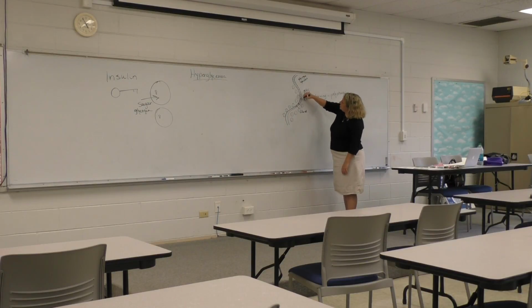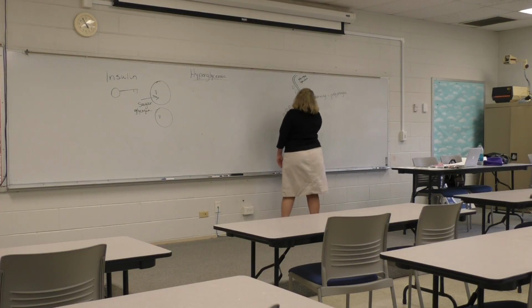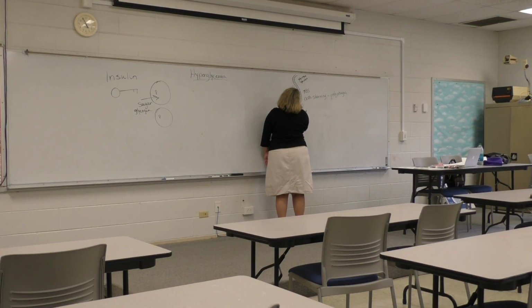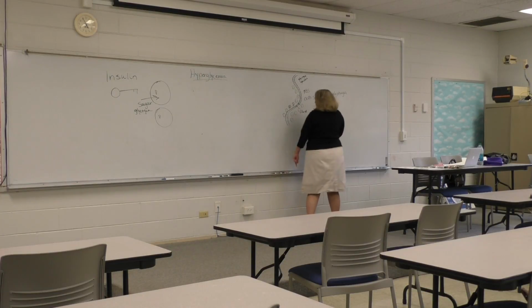So this sugary stuff in the blood is going to start pulling fluid from the cells and pulling fluid from the interstitial space. So now I've got all this fluid in here, and now all my cells are, they're all shrunk up, aren't they? Now they've become little raisins instead of grapes.